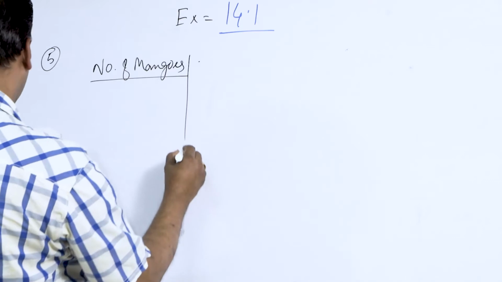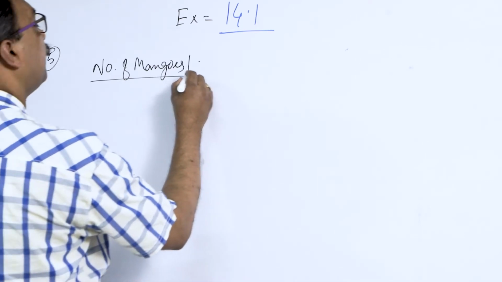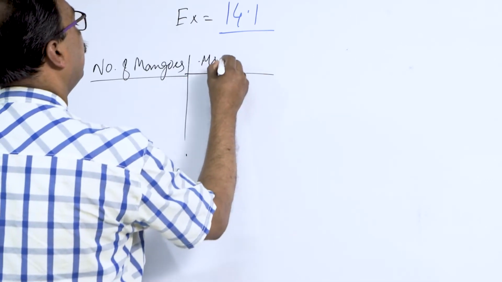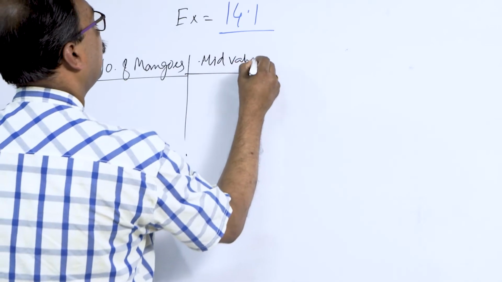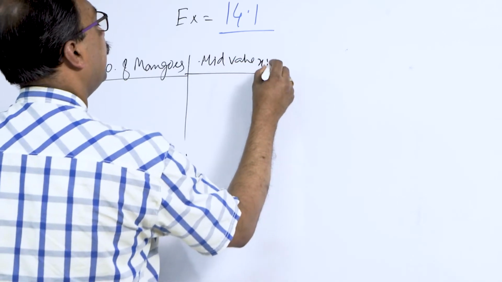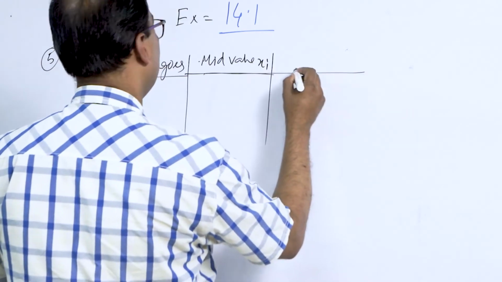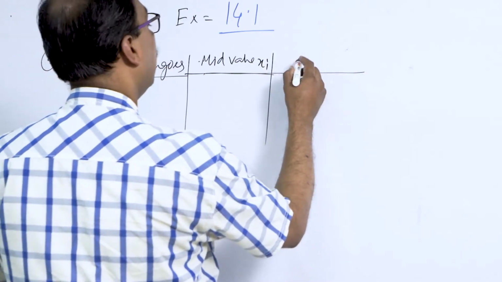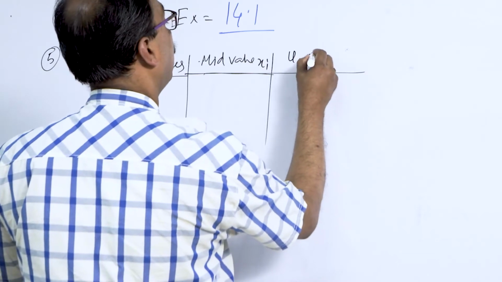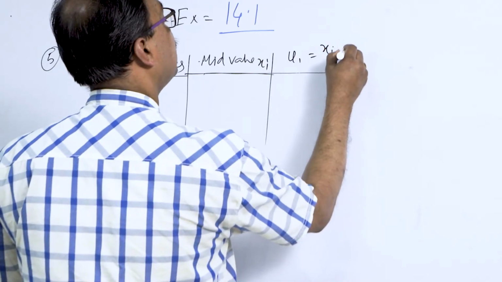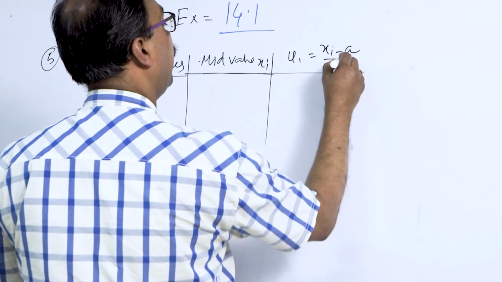For these class intervals, you have to find the mid value, that is xi. Okay. Then you have to find deviations. We go for the step deviation method, so the deviation is ui, which you already know: xi minus a by h, okay.